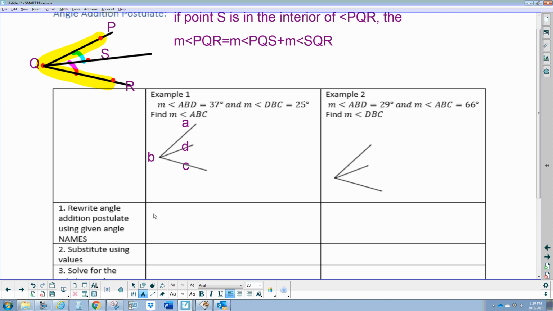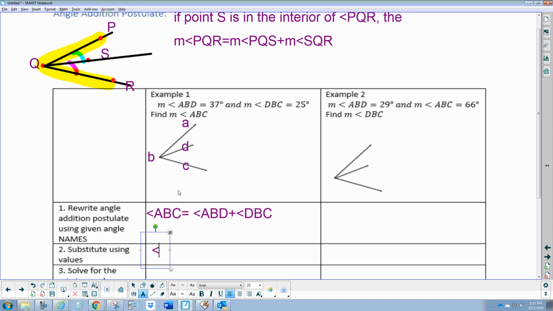So we're going to rewrite the angle addition postulate. The angle addition postulate says that angle ABC is equal to the sum of the 2 smaller angles. So it's equal to angle ABD plus angle DBC. Now we can substitute using the values that are given.